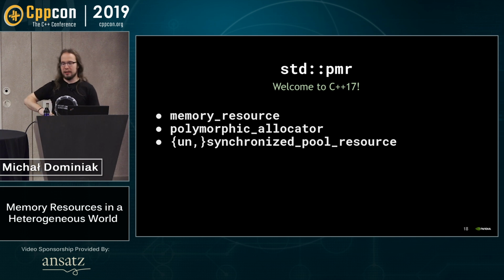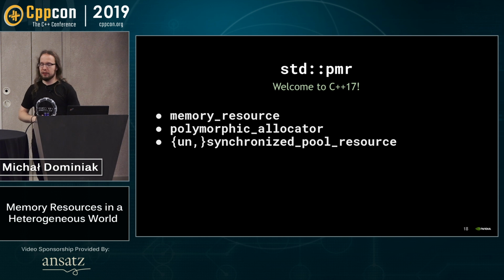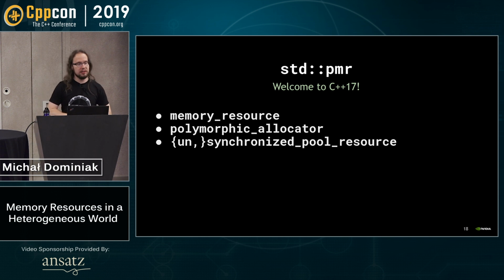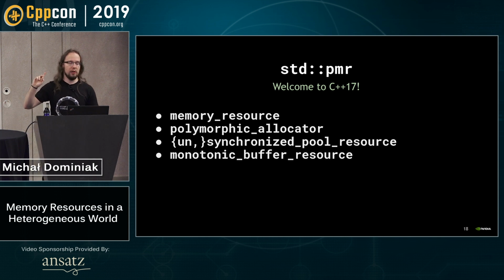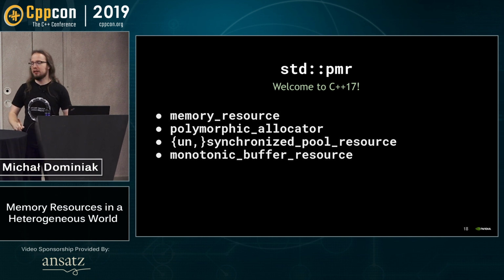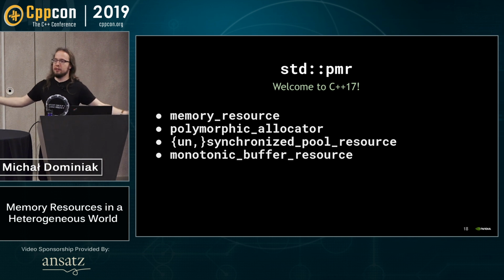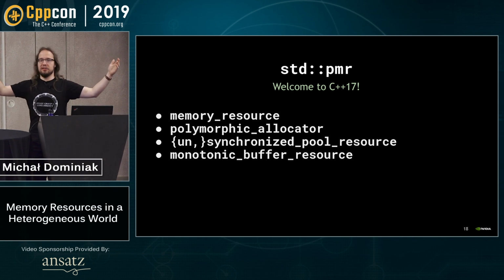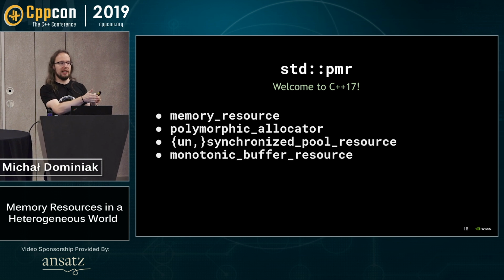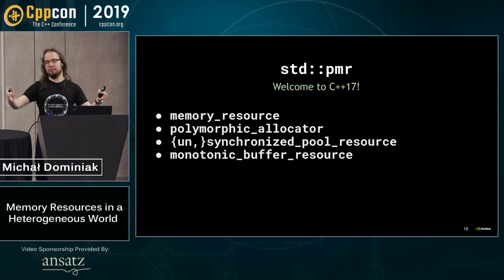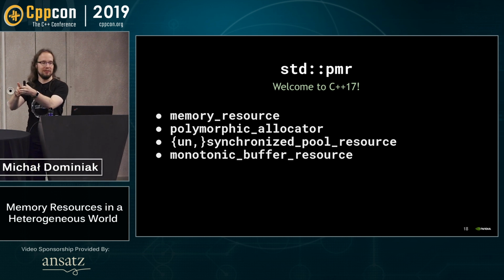We have two adapters called unsynchronized and synchronized pool resource. We will get back to them. We have an adapter called monotonic_buffer_resource, which allocates a big chunk of memory from its upstream resource and then holds a pointer to the beginning of that, and when asked for an allocation, just gives you the next chunk of memory from the pointer and moves the pointer forward. It's very simple.